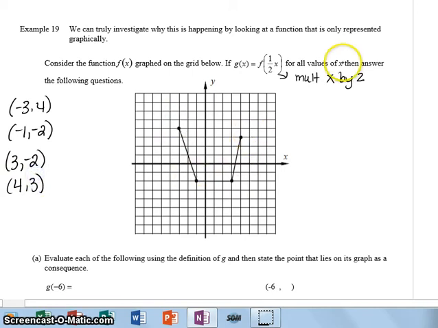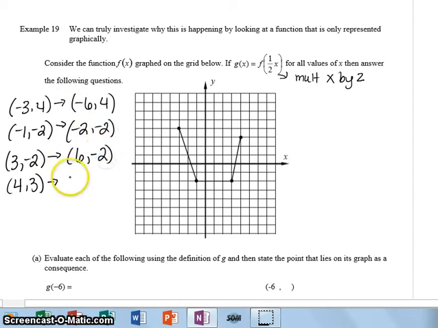Now I'm going to multiply my x's by 2, x values only. So it's going to be (negative 6, 4), (negative 2, negative 2), (6, negative 2), and (8, 3). Okay? So then I can go and plot those.